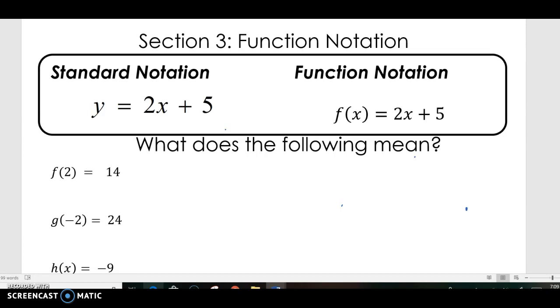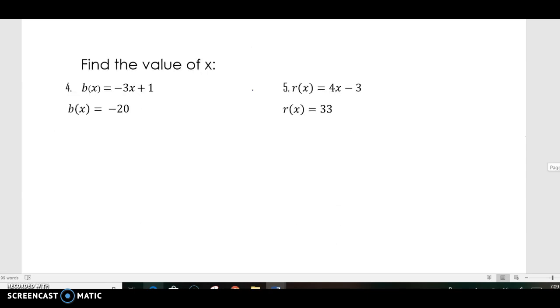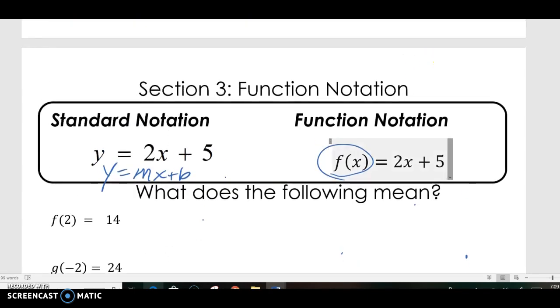So far we've been looking at equations in standard notation, which is our y equals mx plus b. Function notation is when you take the y and you replace it with f of x. One really key idea to think about in this section is that this expression, f of x, is just replacing your y.